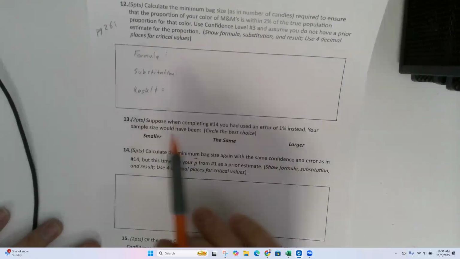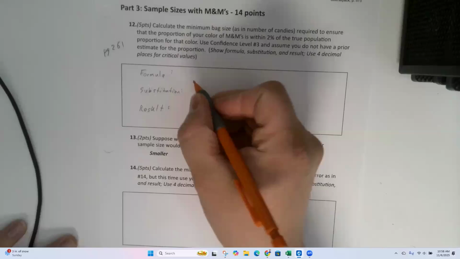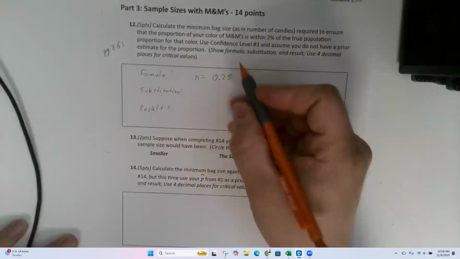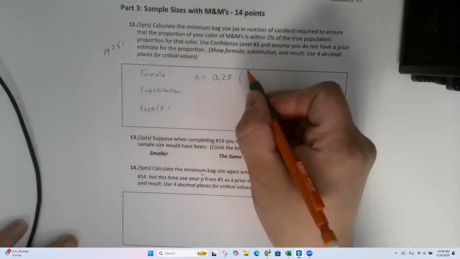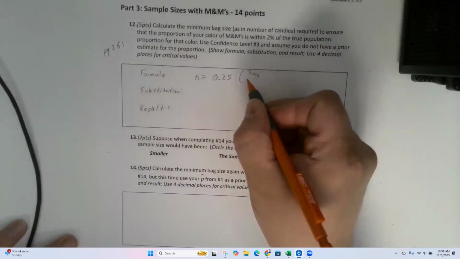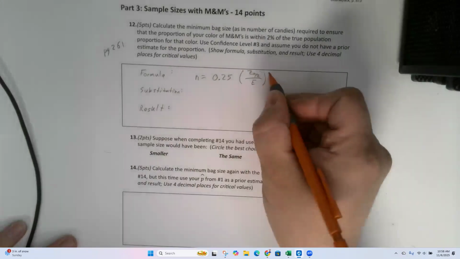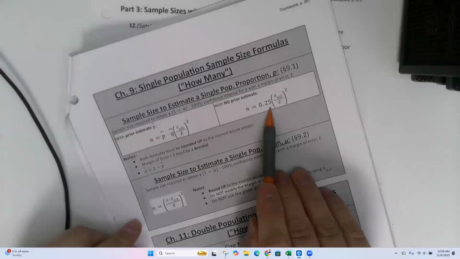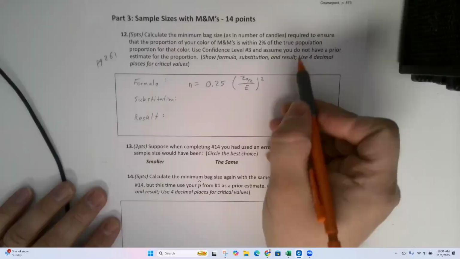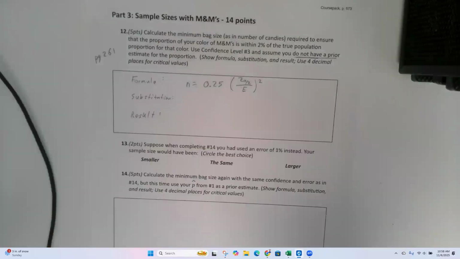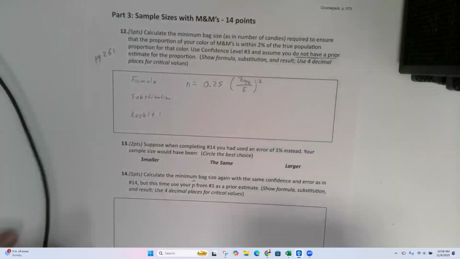So our formula for this one is n equals 0.25 times z alpha over 2 divided by our error, squared. We use this one if we don't have a prior estimate, and that's what they're asking here. I know we do. We're just going to say we don't.